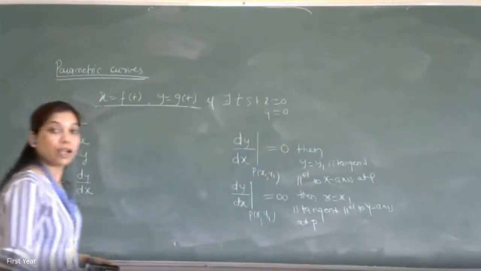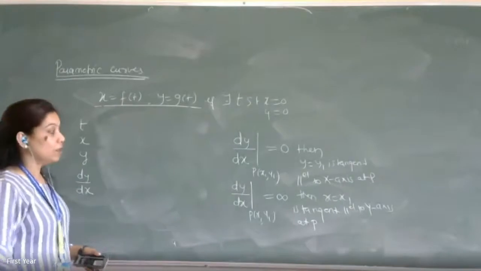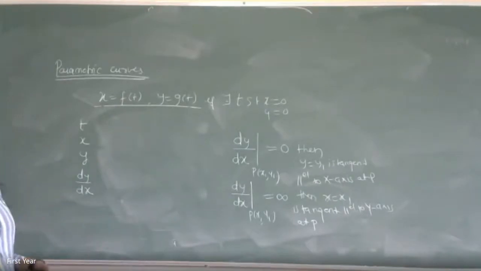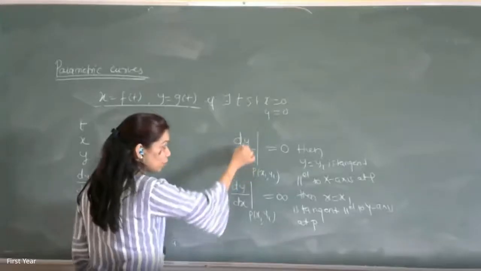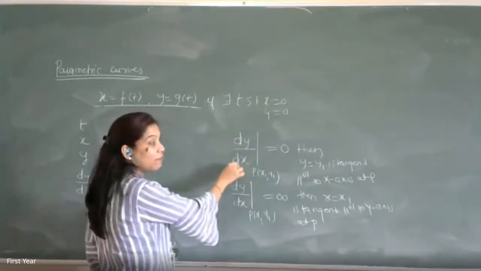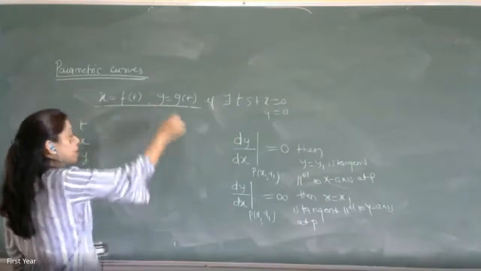Okay? ये तो वही हुआ है जो हम लोगों ने cartesian के लिए लिखा है. So what's the difference between the two? Yes. Tell me. Varad: dy by dt becomes 0, then dy by dx को directly हम लोग find नहीं कर सकते ना, क्योंकि y and x are not independent of each other.